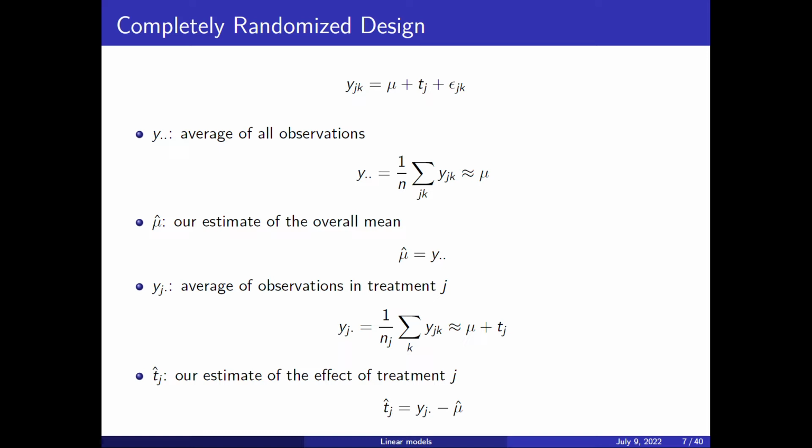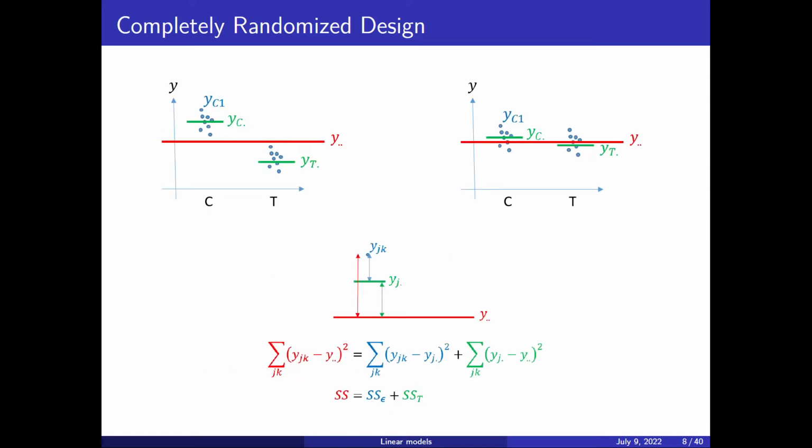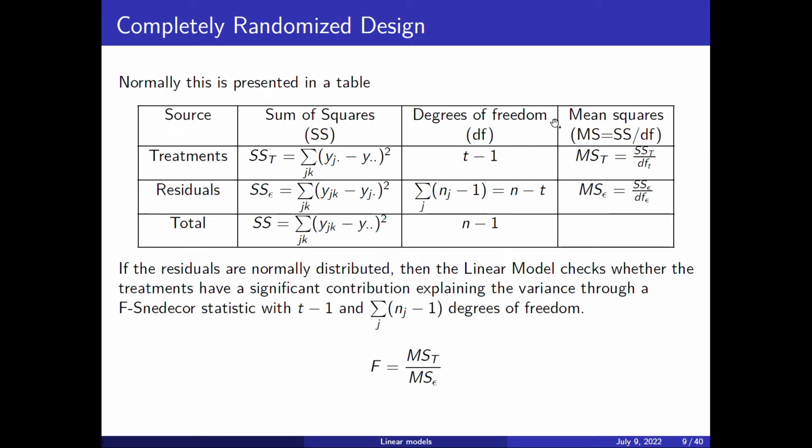But there is a trick: the sum has to be 0. So once I estimate one of them, the other one comes for free. If I have T treatments, I only have to spend T-1 degrees of freedom. And then all the other degrees of freedom go for the residuals.